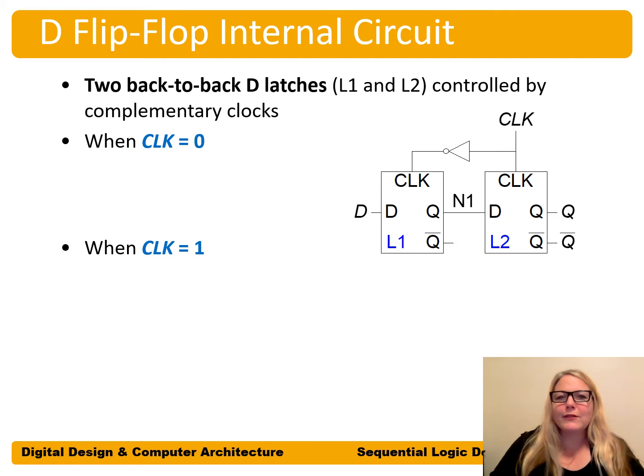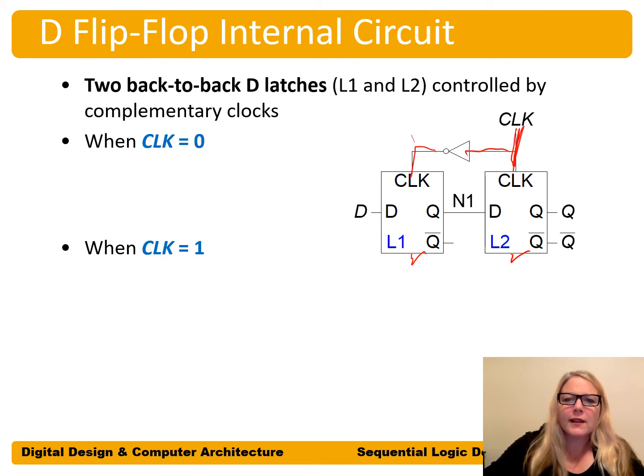So how do we build a D flip-flop? The internal circuit is two back-to-back D latches. So here we have latch 1, and here we have latch 2. And this is the D latch that we just talked about in the prior state element. And we have clock coming into the rightmost latch, and we invert clock and get clock bar going into the leftmost latch, or L1.